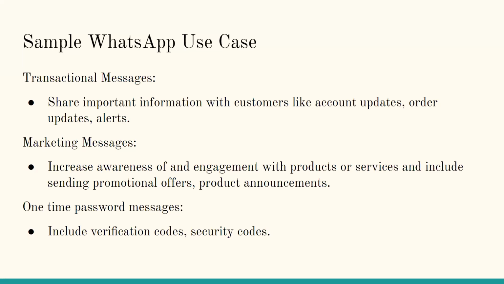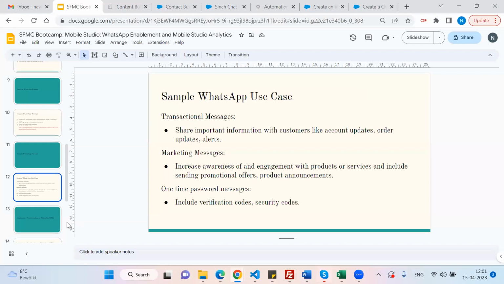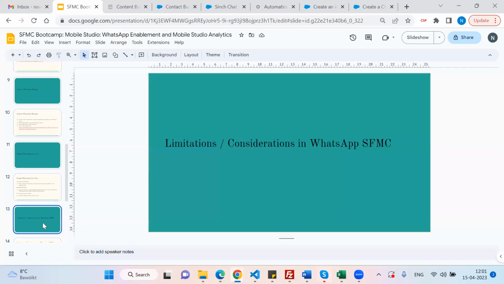Or it can be one-time password messages, with that authenticity, so you can use it for verification codes, security codes, things like that as well. So these can be the sample WhatsApp use cases, but there could be more as well. You can just keep that in mind.